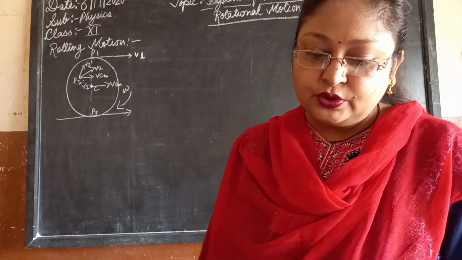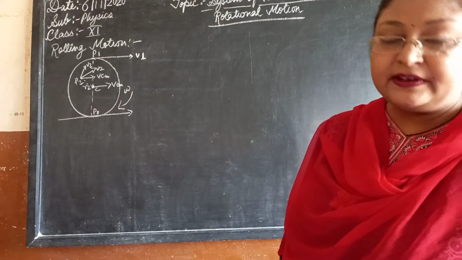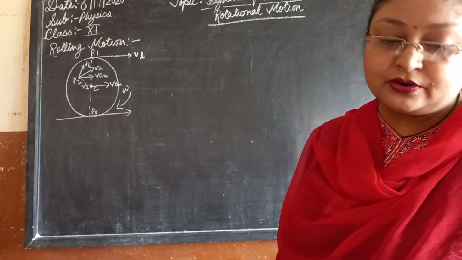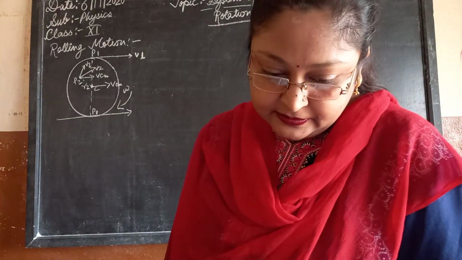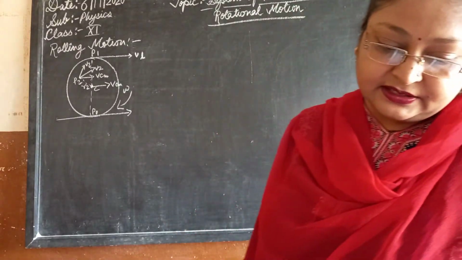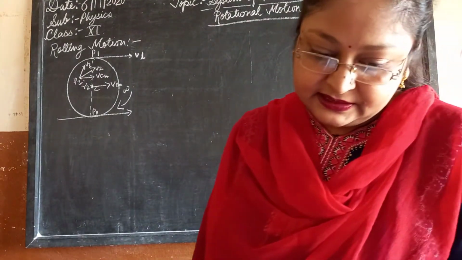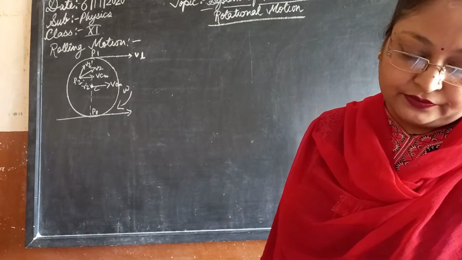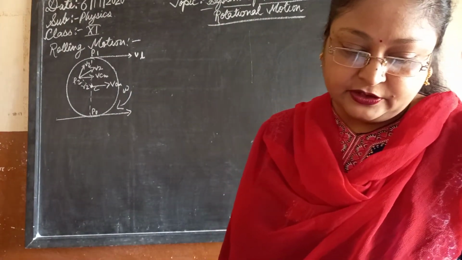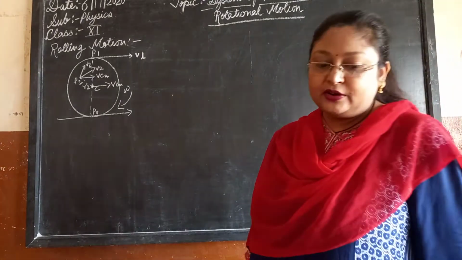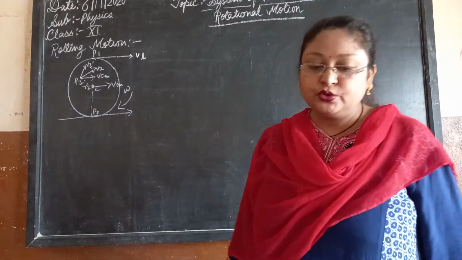The condition of rolling without slipping is VCM equals R omega, where R is the radius of the disc, omega is the angular velocity, and V is the velocity of the rolling of that particular material. So I hope this particular topic is much more clear to you.